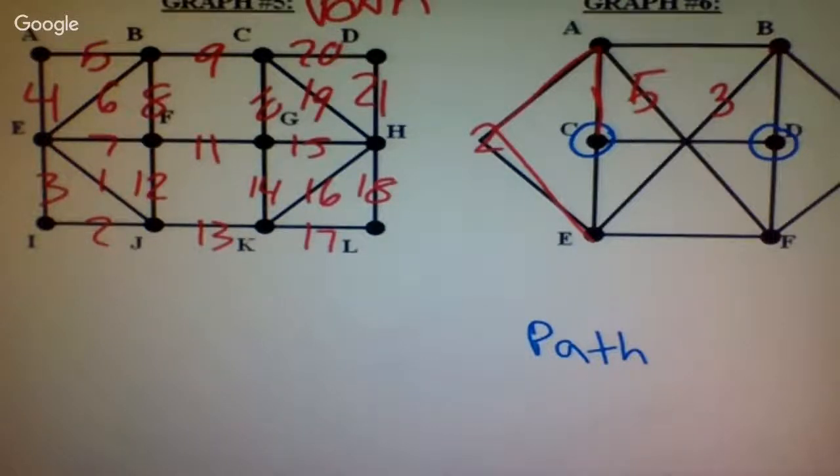Over to B, there's 6. You've got to go down to D, so there's 7. Because B can't go anywhere else. We've already gone here and here. So now we're here.